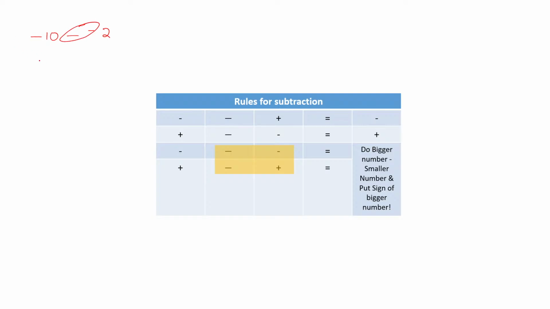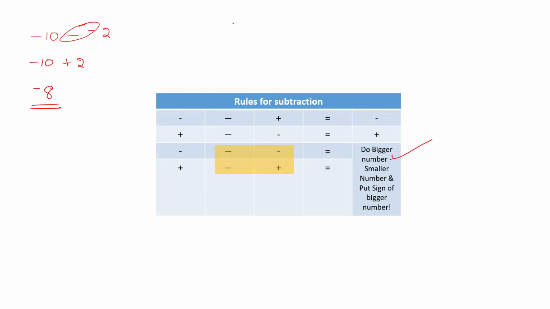Negative into negative is what? Positive. So positive 2. Now what we have to do? One is a negative value and one is a positive value. So we will be using our logic: bigger number minus smaller number and sign of bigger number. So 10 minus 2 is 8 and sign of 10 is what? Negative. So negative 8 is our answer.